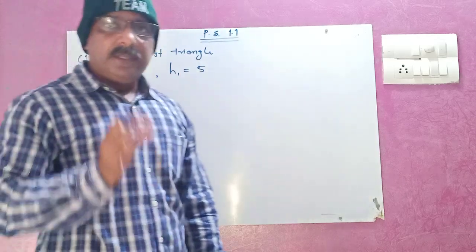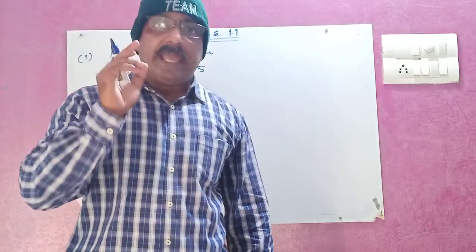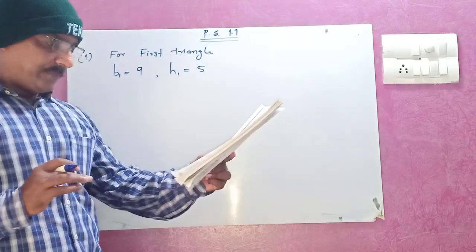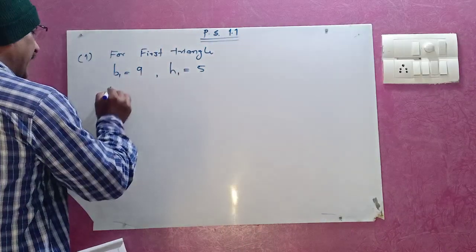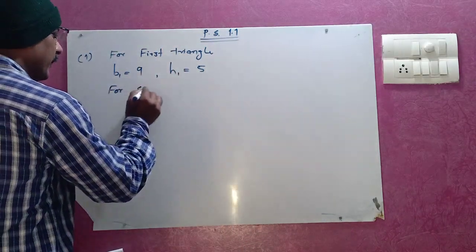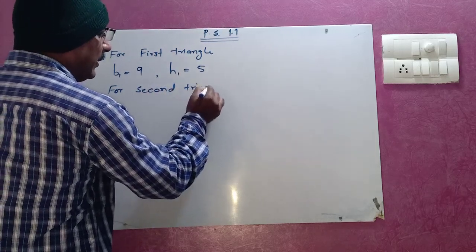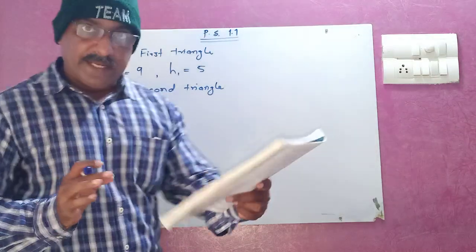As per the sum, I have taken base b1 for the first triangle and h1 height of the first triangle: 9 and 5. Base of another triangle. So for the second triangle, base is 10.